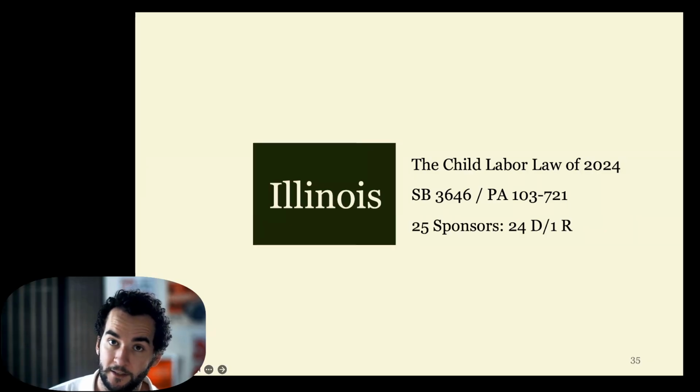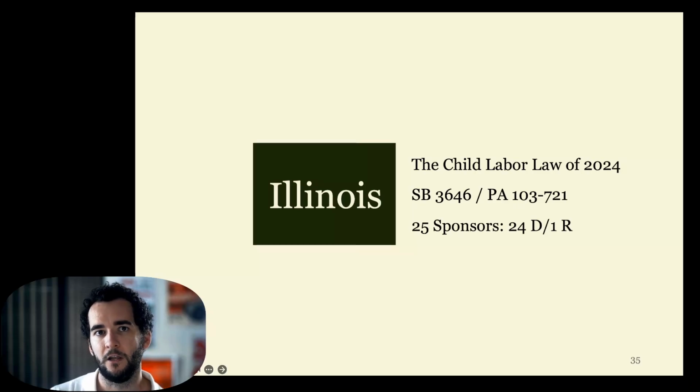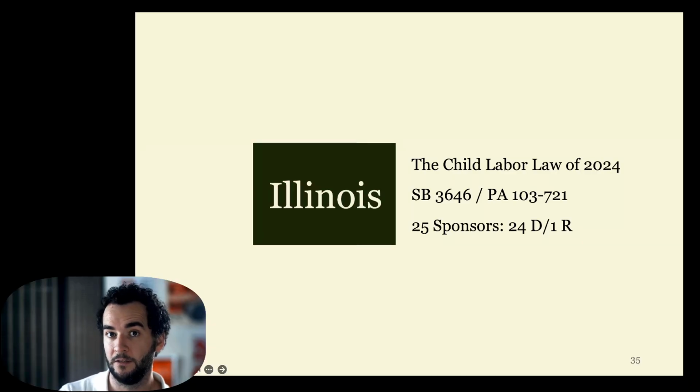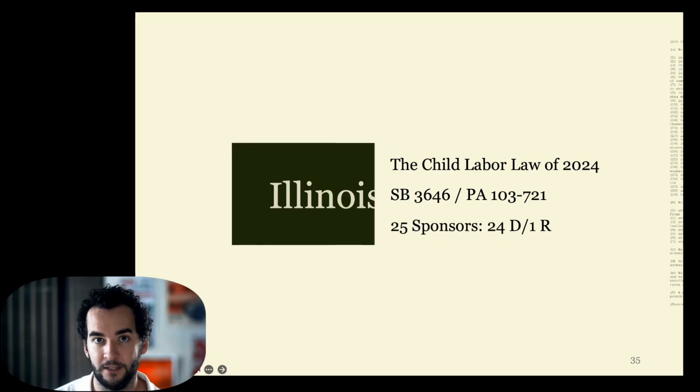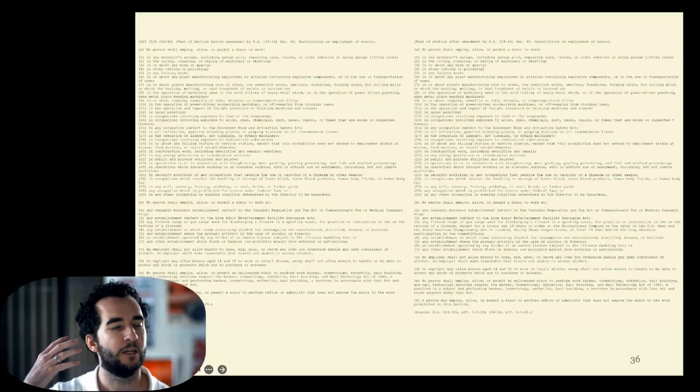So this is to say, if we want to understand what this law has changed, measure the degree to which it increases or decreases the protections for child laborers, then we need to pay attention to what it prohibits and what it exempts. So let's dive into that. First, the prohibitions.